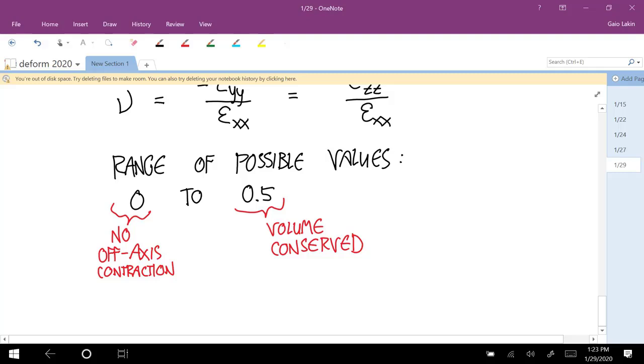One sort of interesting thing, one material that has just about exactly 0 Poisson's ratio is cork. So if you take a piece of cork and stretch it or compress it, the off-axis side lengths are basically unchanged.